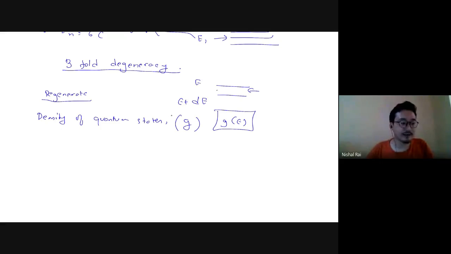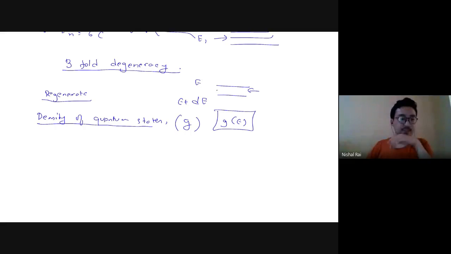The density of quantum states is defined as the number of quantum states per unit energy range at a given energy. For a given energy, per unit energy, how many quantum states do we have? That is basically given by your density of states.